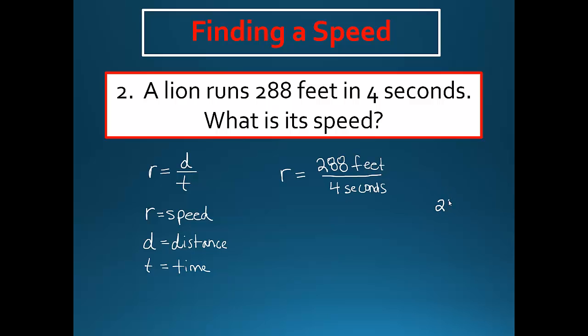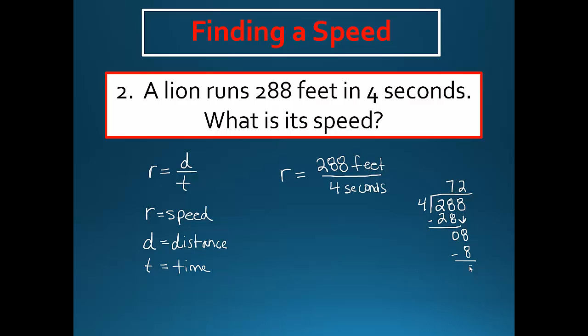So 288 divided by 4. 4 cannot go into 2, so we'll see how many times 4 can go into 28. And it goes in 7 times, and 7 times 4 is 28. And then we subtract, and we get 0. And then we bring down the 8. And 4 goes into 8 2 times. 2 times 4 is 8.